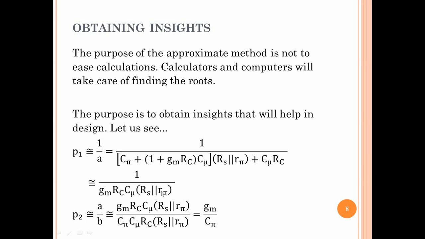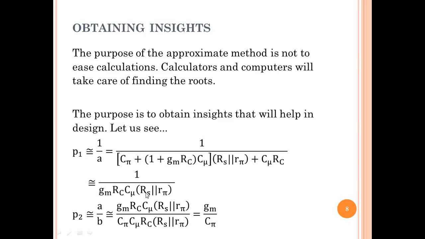Now we can study this, and when we are designing a circuit and are asked to design for a specific upper cutoff frequency, a specific minus 3 dB frequency, we can look at this expression and design to meet the specification for P1. We need a certain value of RC and a certain value of GM.